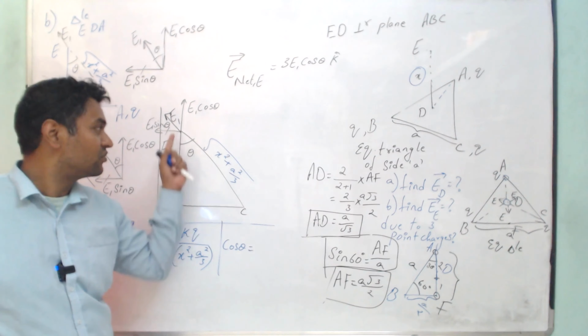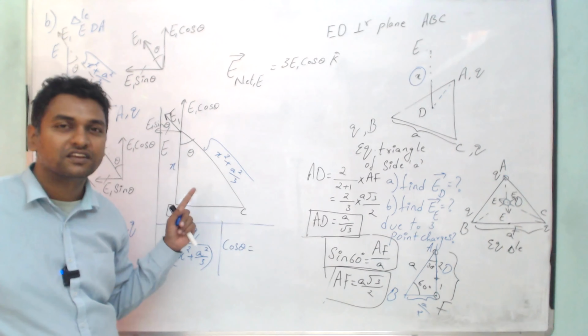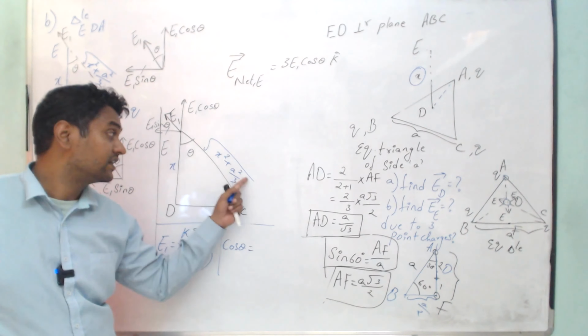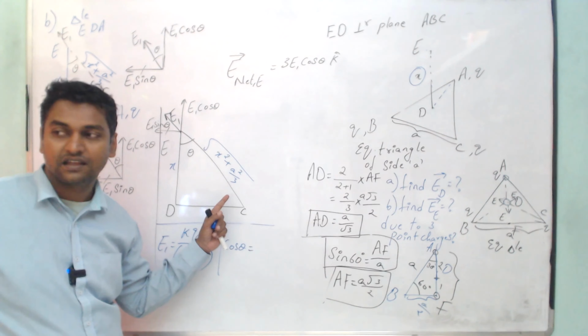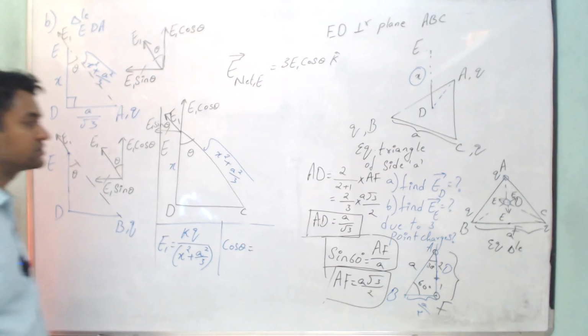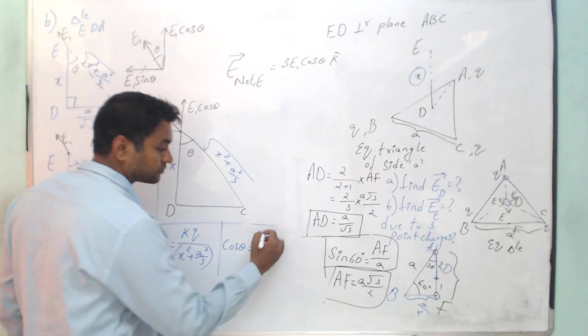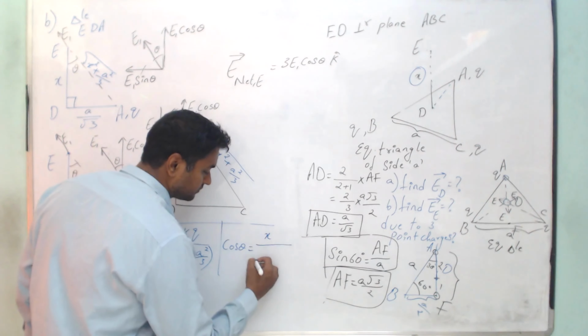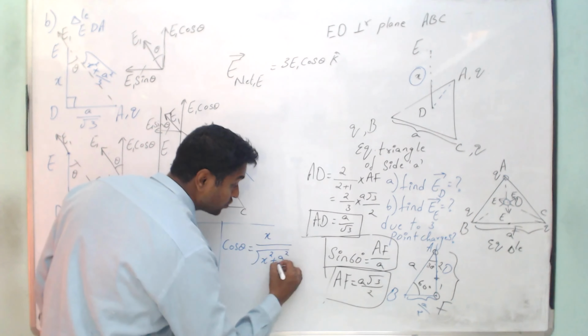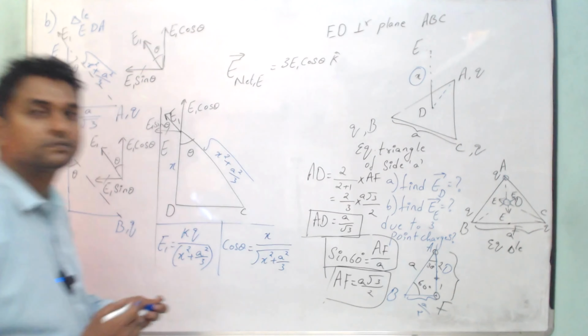X. What is hypotenuse? Square root of x square plus a square by 3. ये a square by 3 कैसे आया? Yeah. a by root 3 whole square will become a square by 3. Correct? Yes. So cos theta is what? X by under root of x square plus a square by 3. Yeah.